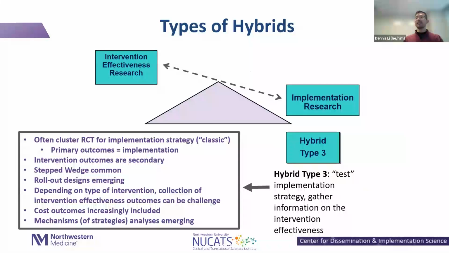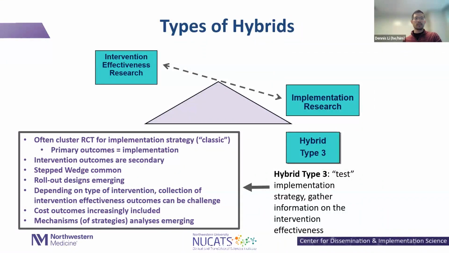On the flip side, your hybrid type 3 is going to be much more closely related to an implementation study. So you're really testing the implementation strategy using the various designs that we just went through, and you might still be gathering some information about intervention effectiveness.